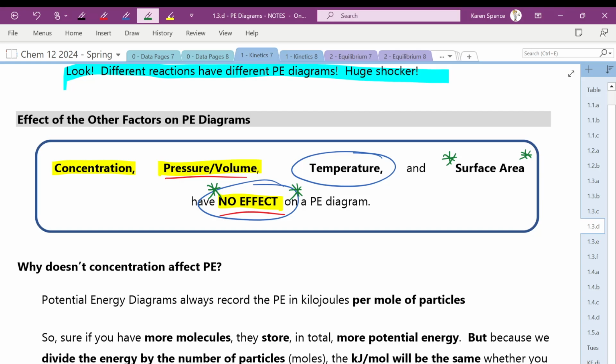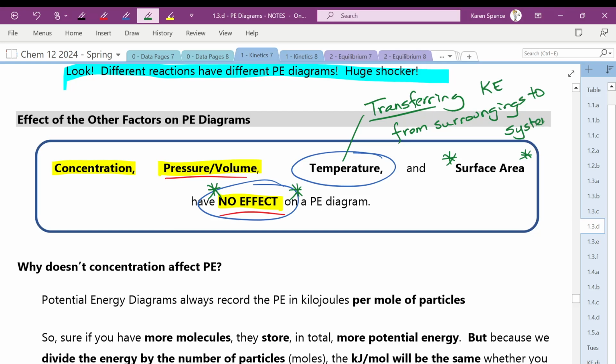Remember, energy can be transformed, but it can also be transferred from one place to another. So with temperature, we would be transferring kinetic energy from the surroundings to the system, and vice versa.